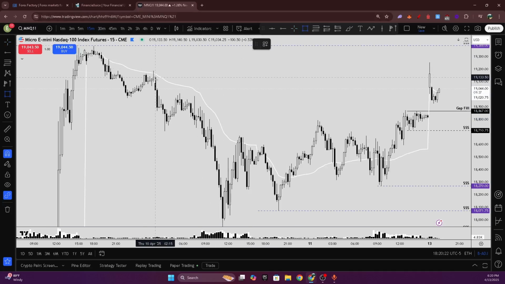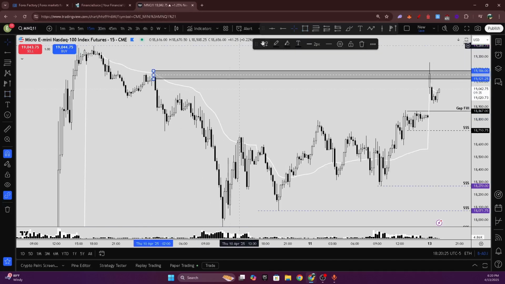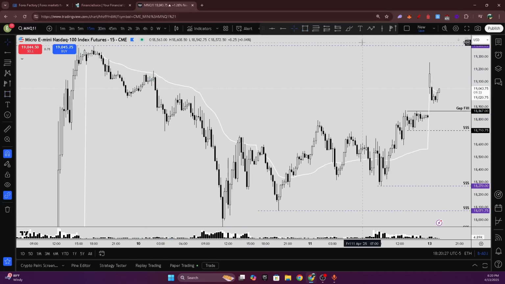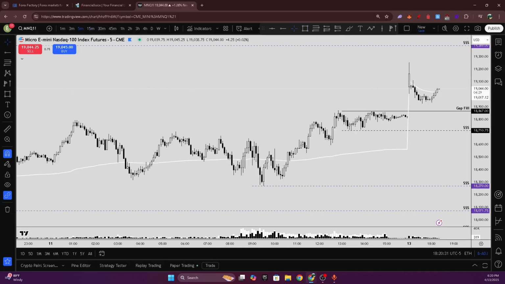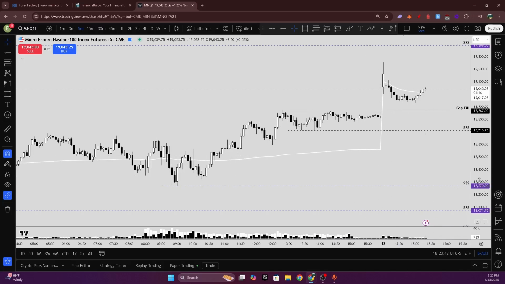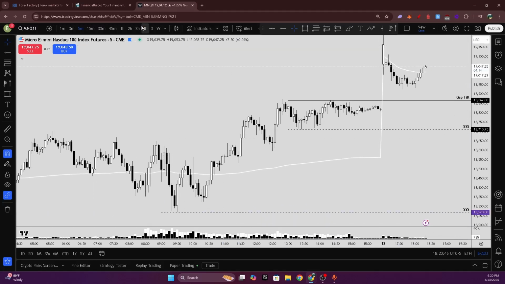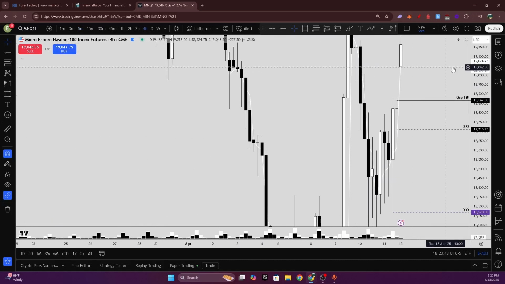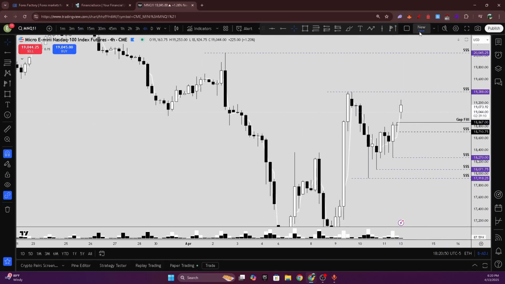We do have zones here, which we broke almost. That's the opening candle, so I do not like that much. And on the 5-minute, we do have similar things as well.